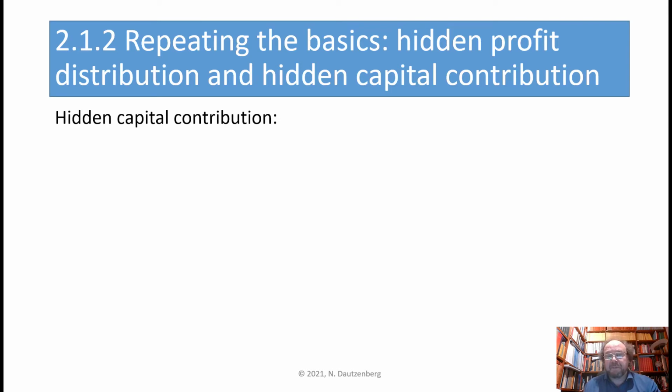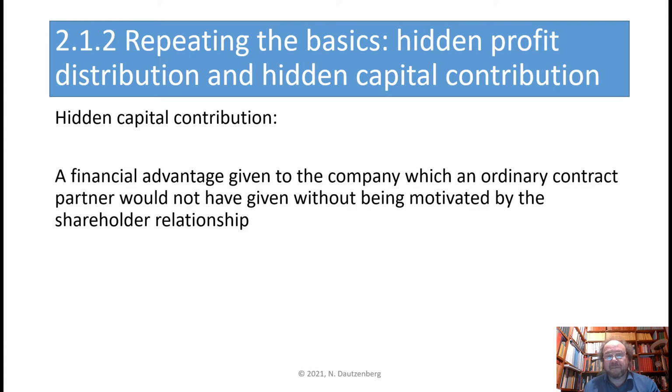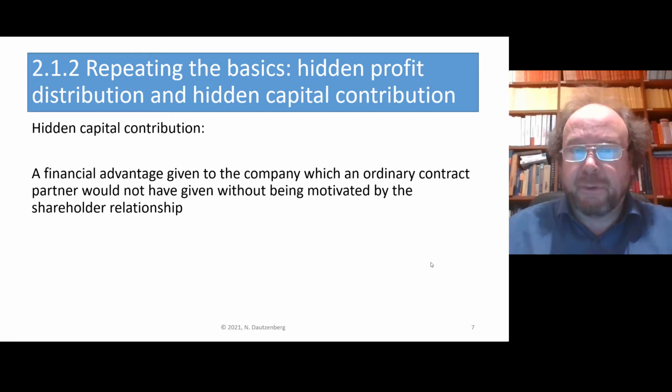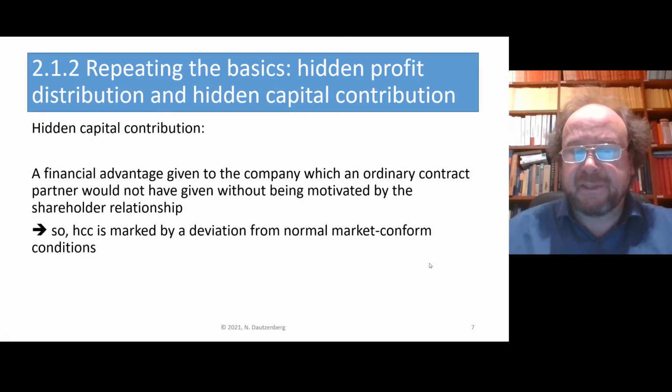The hidden capital contribution is a similar thing, but just the opposite, the other way around. A financial advantage given to the company which an ordinary contract partner would not have given without being motivated by the shareholder relationship. So without having in mind, I am the shareholder. So a hidden capital contribution is also marked by deviation from the normal market-conform conditions.